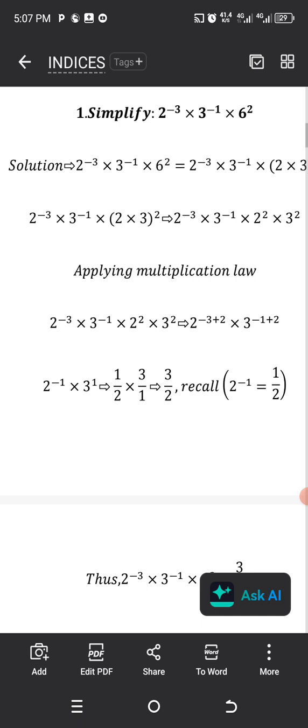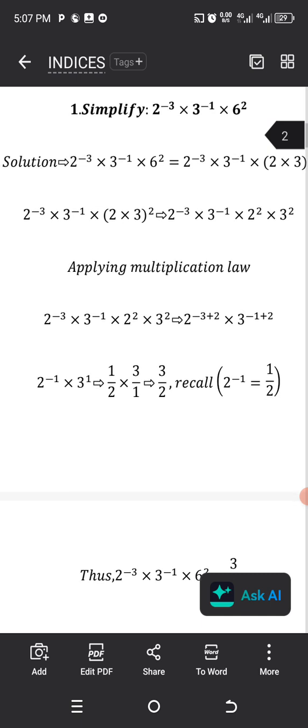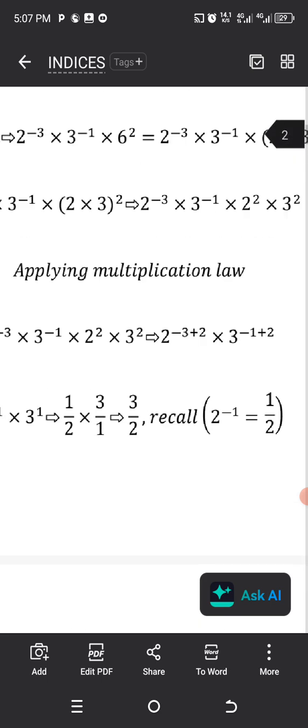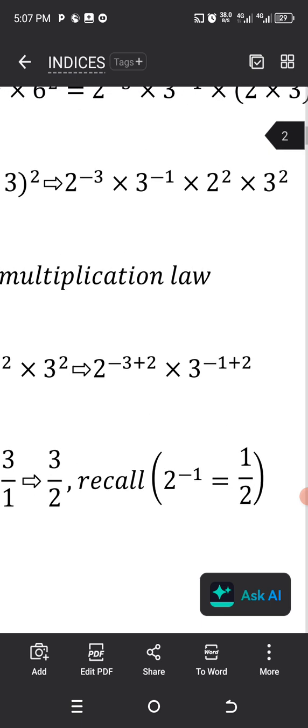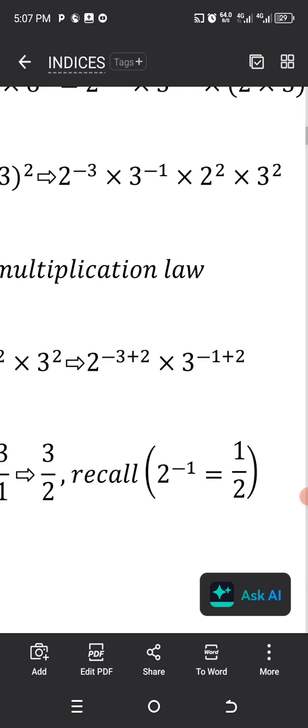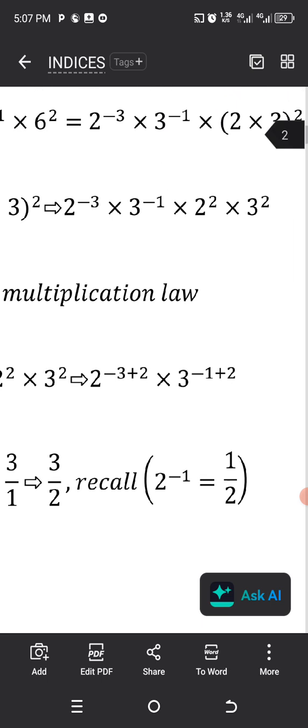After collecting them together, we are adding up the indices of the same base. On the left hand side, we have 2 raised to power minus 3 multiplied by 3 raised to power minus 1 multiplied by 2 raised to power 2 multiplied by 3 raised to power 2. And on the right hand side, we have 2 raised to power minus 3 plus 2 multiplied by 3 raised to power minus 1 plus 2.